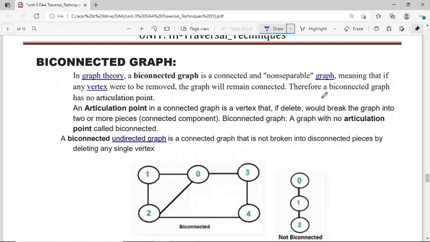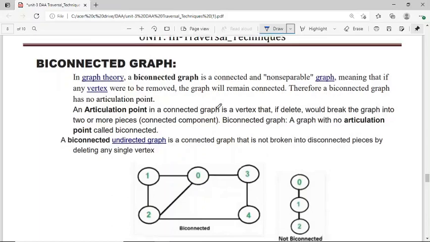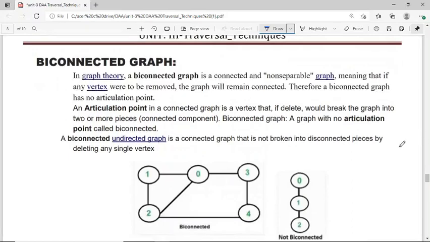So here, like in the previous example of the connected graph, if we remove an edge between these two, then it will become 2 subgraphs. So this is not a biconnected graph. If we remove any one edge, it should not divide the graph into 2 or 3 subgraphs, and there should not be an articulation point.